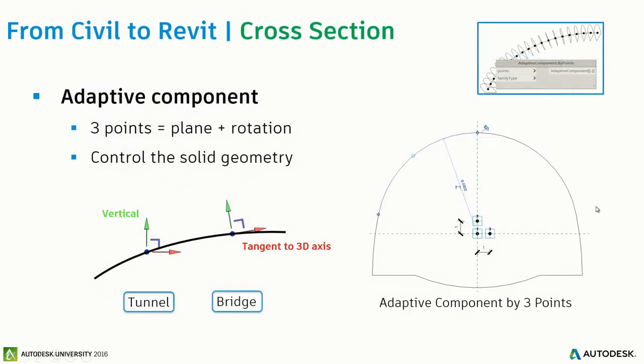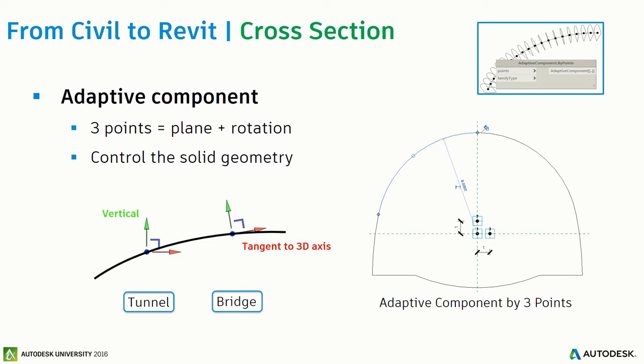So the next step is to place this adaptive component at the right place. This is the main challenge as well. So I need it to be tangent to the horizontal profile, and for the tunnel in the profile view, I need it vertical. For bridges, it's a different story. I need it tangent to the 3D axis as well.